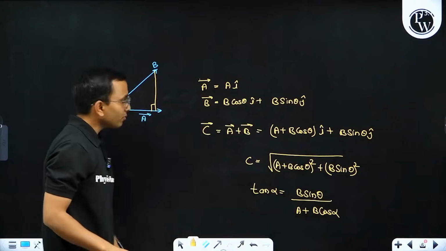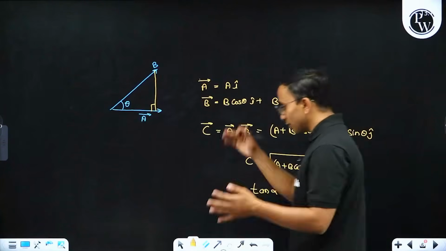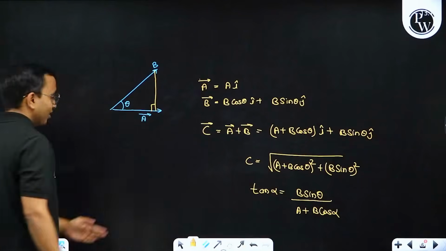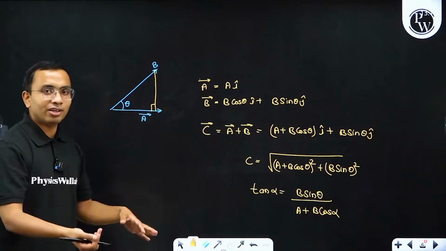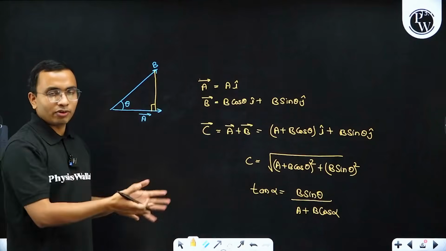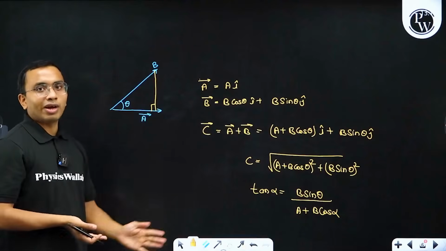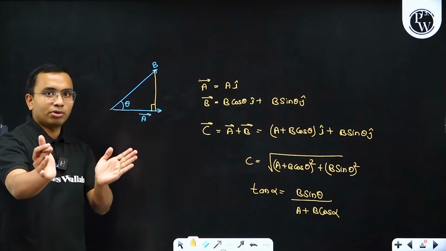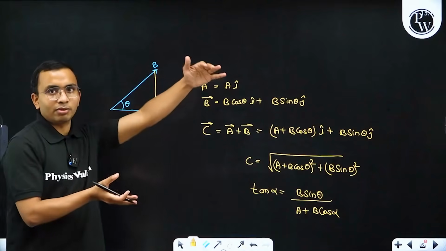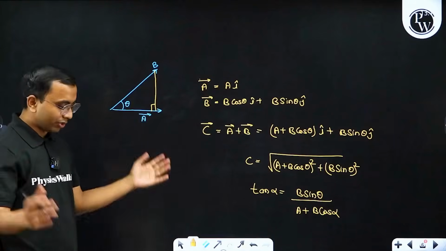Now this is another way. Or what you can do is, let us take multiple vectors. Then you can take the components, and there itself you can cancel a few things, like some components may cancel along the x-axis, some along the y-axis, and just write the final components along the x-axis, the final components along the y-axis, and then take the resultant like this. So this is what you can do.